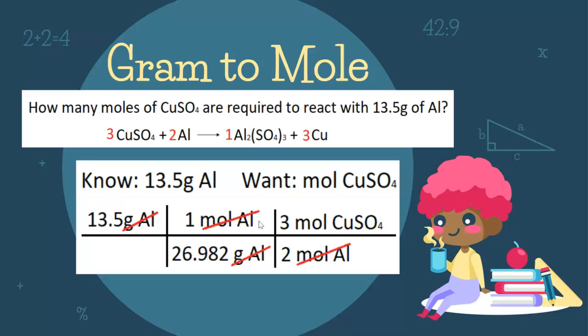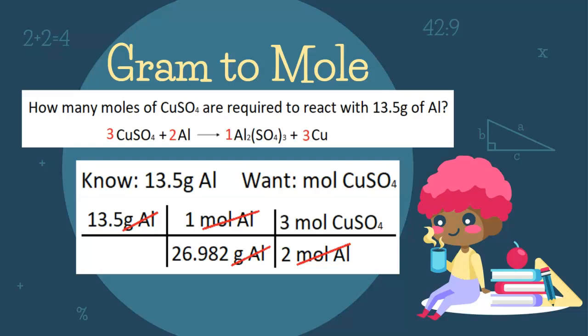If we have moles of Al on top, we want moles of Al next at the bottom. How many moles of Al? In this equation, there are 2 of them for every 3 CuSO4s. So 2 to 3 is our mole ratio. Since this is what we were looking for, right? We wanted the moles of CuSO4. Now we just have to plug it into our calculator and figure out our answer.